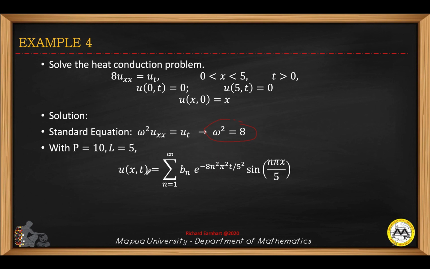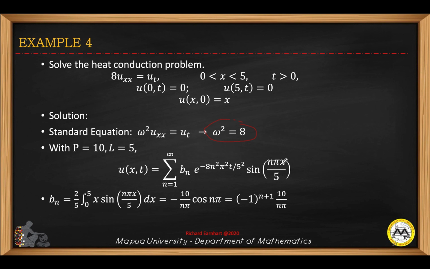And then this is your general solution. So we substitute your omega squared, and this is L squared, so 5 squared, and n pi x over L, or n pi x over 5. Evaluating b sub n will give you 2 over L, the integral from 0 to L, of x, which is your f of x.